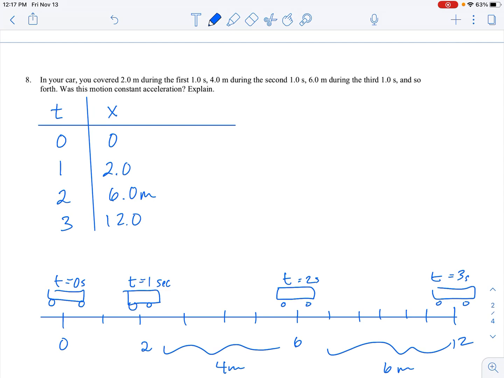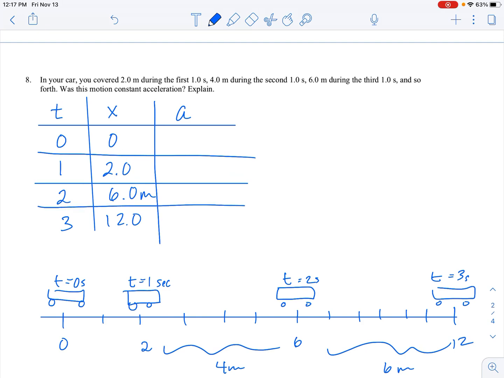So now the question is, is that constant acceleration? So what I'm going to do is solve for the acceleration at each of these times. So assuming that initial velocity is 0, we know that displacement is equal to 1/2 a delta t squared.